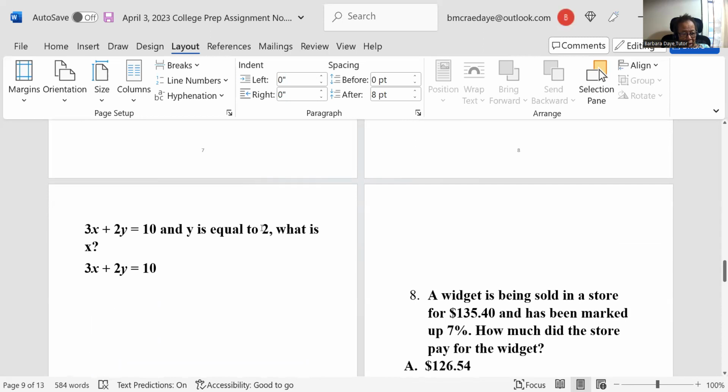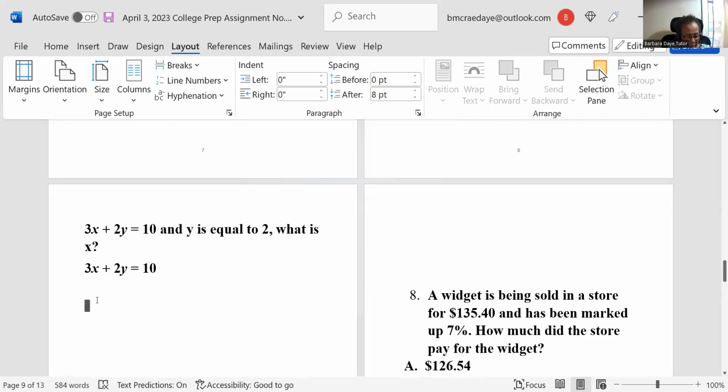For the y, put in a 2 and then solve for the x. Once you put it in, you'll see it's Mr. Math. You can solve it without even going through steps, really.